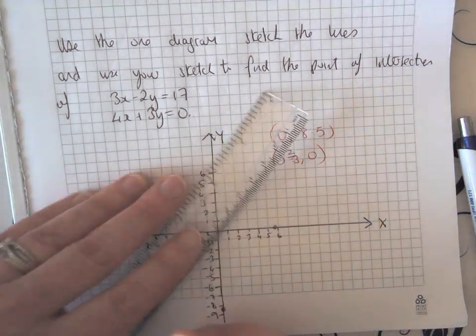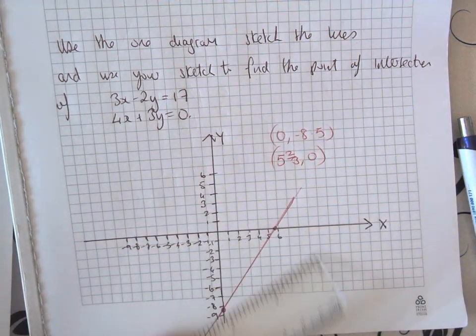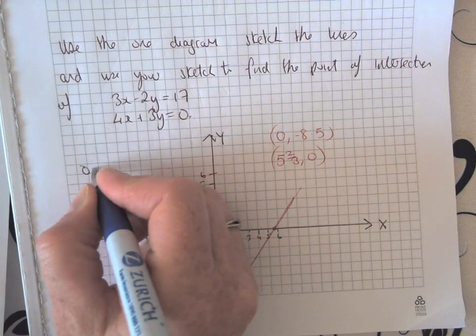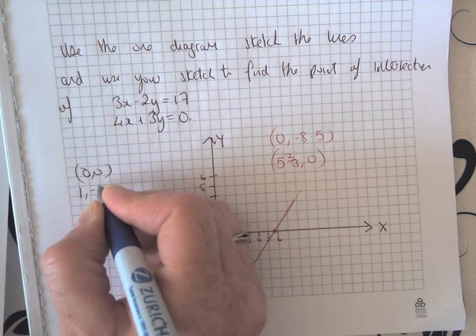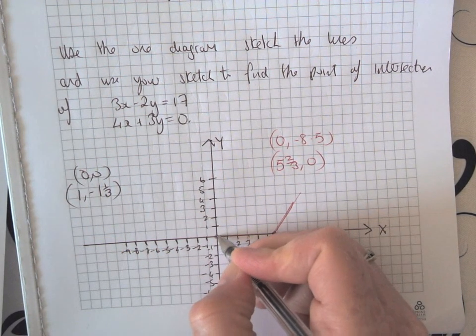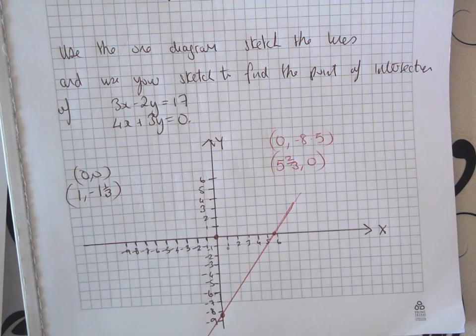So then you have 2 points, you just draw the line. And then the other points were 0, 0 and 1, minus 1 1/3. So 0, 0 here, and 1, minus 1 1/3 is about there.